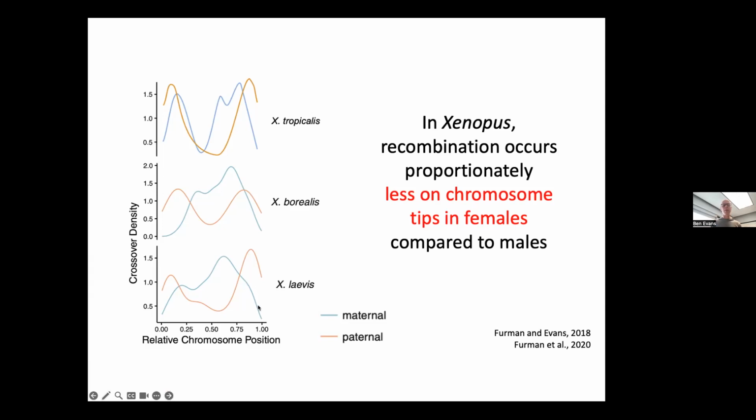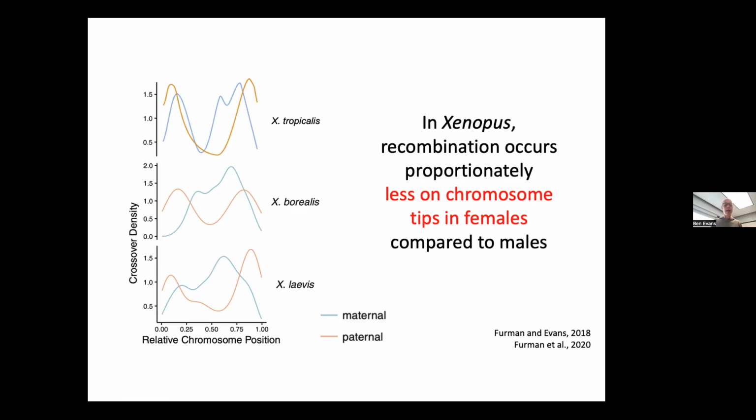And that's because in mothers, the recombination is lower on the tips of chromosomes. That's where the blue density maps are low towards the ends, whereas in fathers, it's high. So because it's a maternally inherited female-specific trigger for sex determination, we would predict that if there's a pre-existing benefit to having low recombination, these triggers for sex determination would be on the tips.